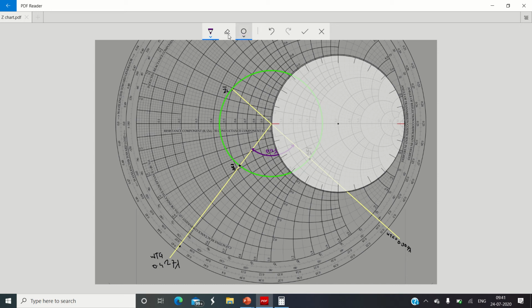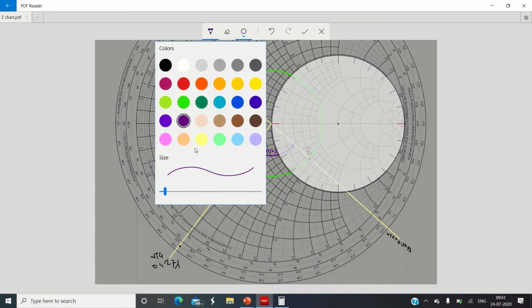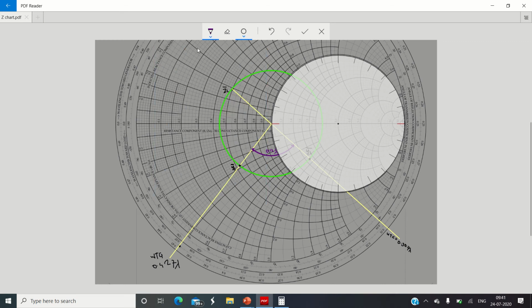Here I will change the color. I will choose this particular pink color and start drawing it. This pink circle is indicating the forbidden region.